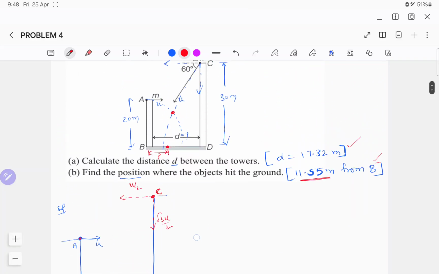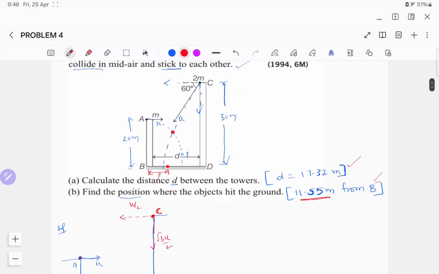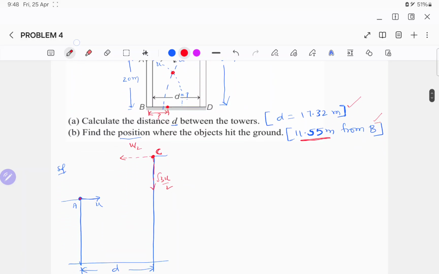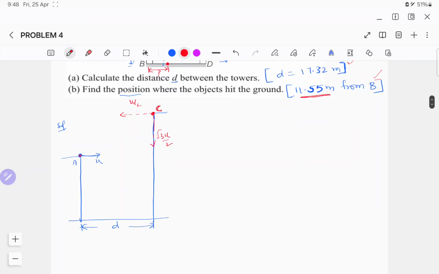Now I am not going to deal with this problem by following their individual parabolic paths. Instead, let me handle this problem using the concept of relative motion, that is, making one of the particles at rest. Let me make the particle at A to be relatively at rest, that is, make it the observer.